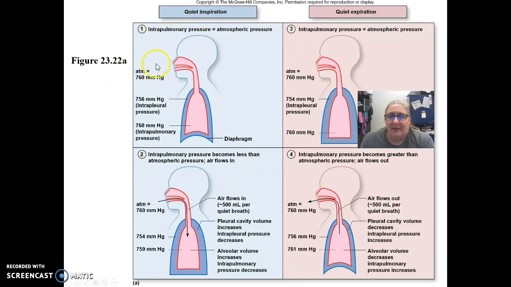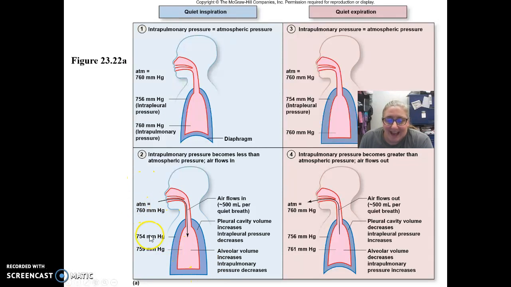So here we have inspiration. At rest, when we're not breathing, we're at 760 millimeters of mercury inside the thoracic cavity and outside. But when we go to inspire, the diaphragm is going to move down, and you can see it here. It contracts, it moves down, increasing the thoracic cavity size.